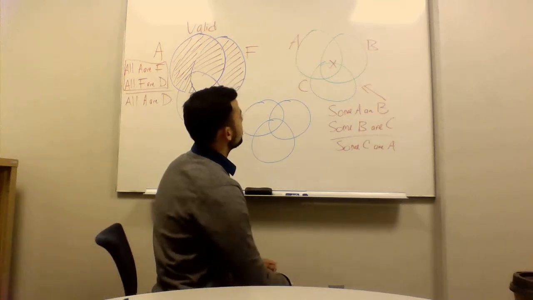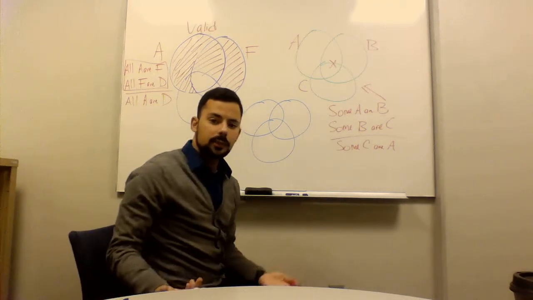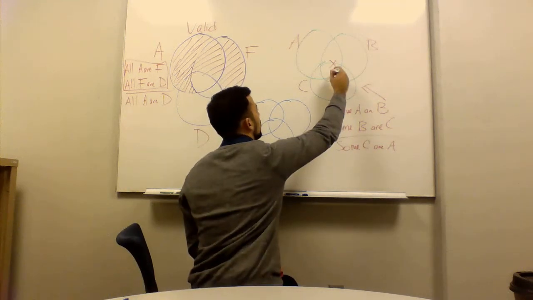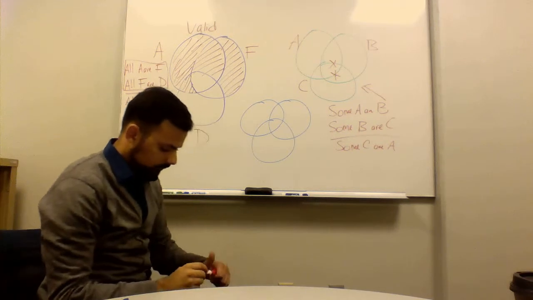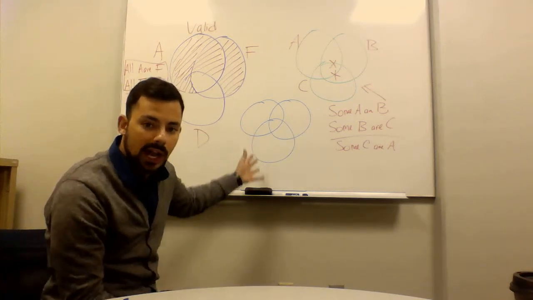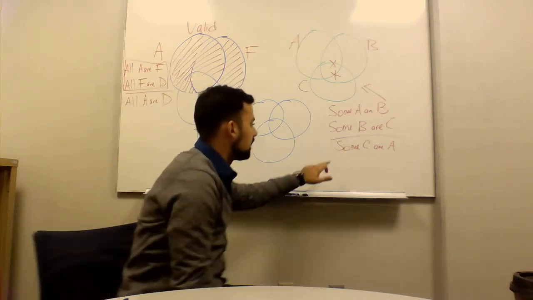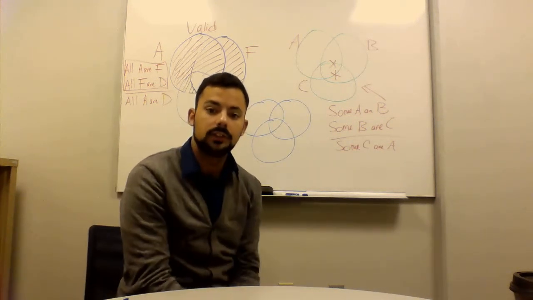Okay, well, where do we have B's which are also C's? These two areas. Again, neither of them are shaded off. So let's go ahead and put the X there on the line. So now we look at what we have graphed, the premises, and we need to see if this conclusion definitely fits that picture, right?